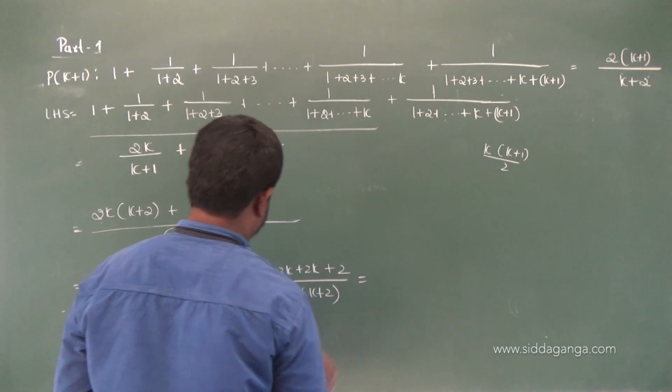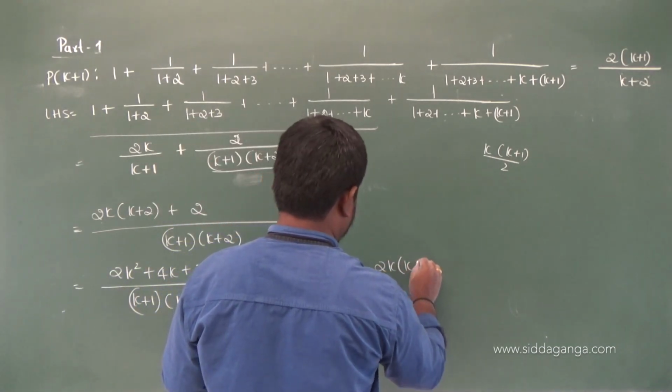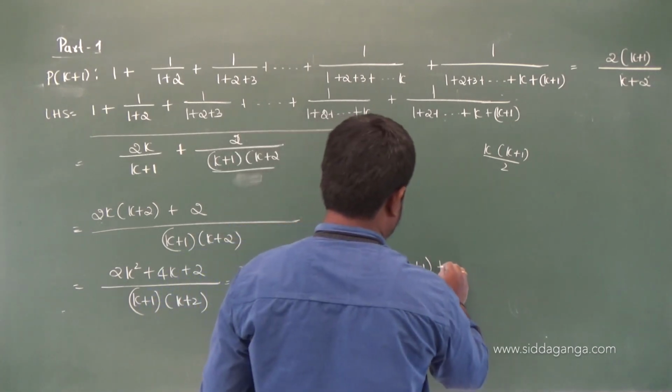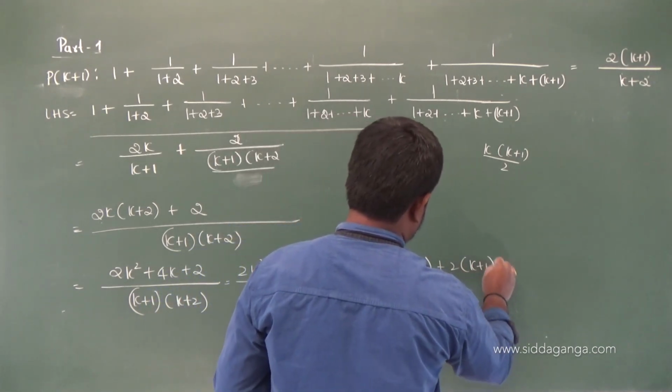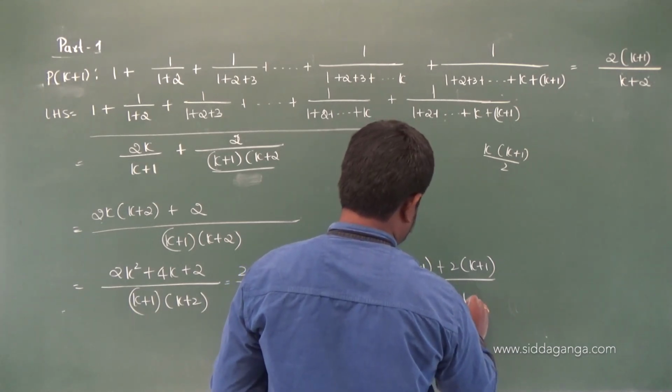This gives 2k into k plus 1 plus 2 into k plus 1 by k plus 1 into k plus 2.